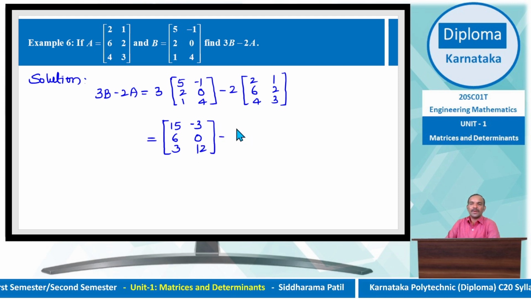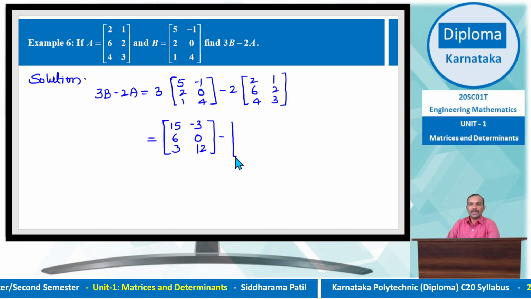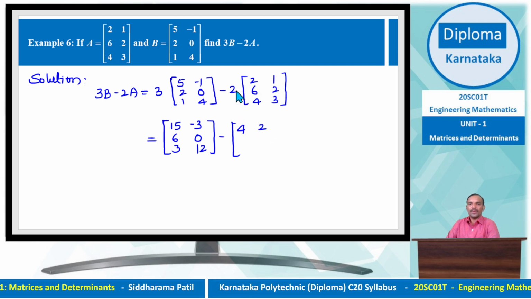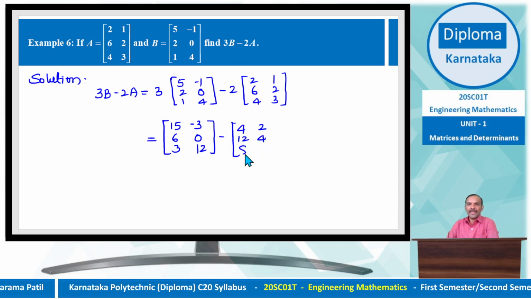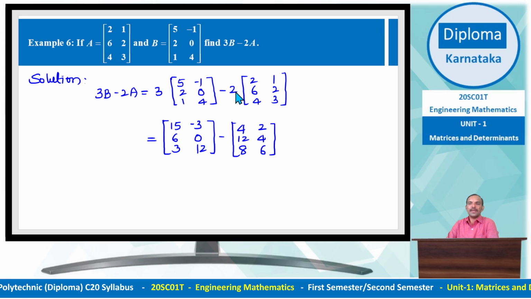Minus 2 multiplication: 2 into 2 is 4, 2 into 1 is 2, 2 into 6 is 12, 2 into 2 is 4, 2 4s are 8, 2 3s are 6. Cross check: 2 into 2 is 4, 2 into 1 is 2, 2 6s are 12, 2 2s are 4, 2 4s are 8, 2 3s are 6.